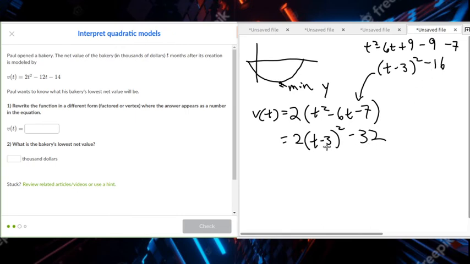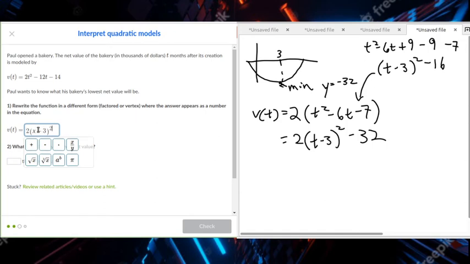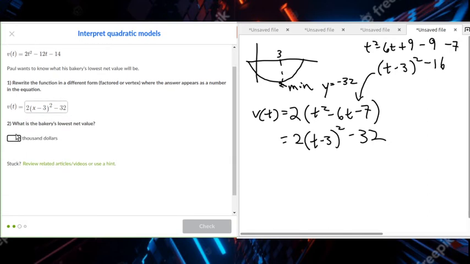So this tells us that, again, it's at 3 months, and the lowest value is negative 32. Let's go ahead and type this in. t minus 3 quantity squared minus 32, and then of course we know that the lowest value is negative $32,000.